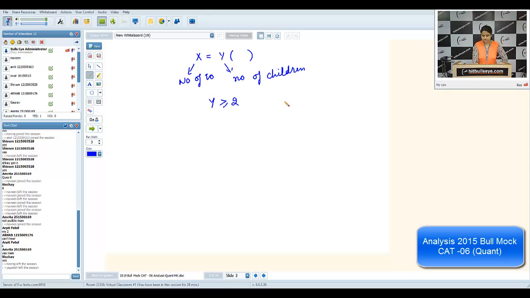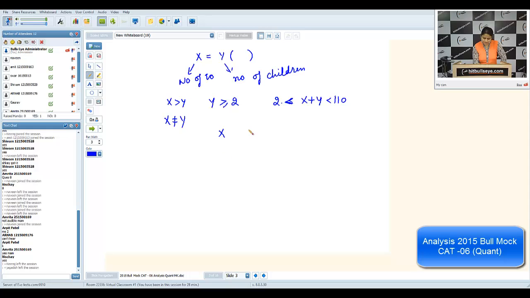We cannot take fraction or decimal. This is also given that X plus Y is less than 110 and it should be greater than 2. Now see how many values we can take. This is also given that X is greater than Y, or we can say X is not equal to Y.